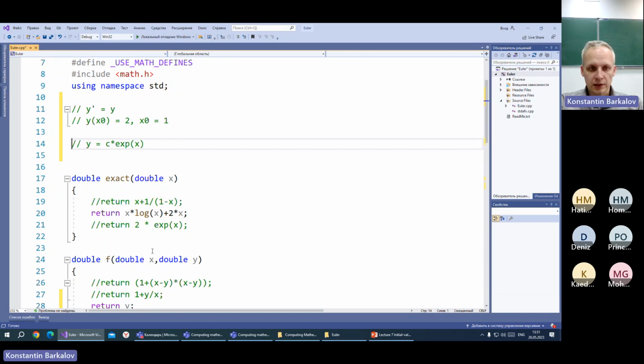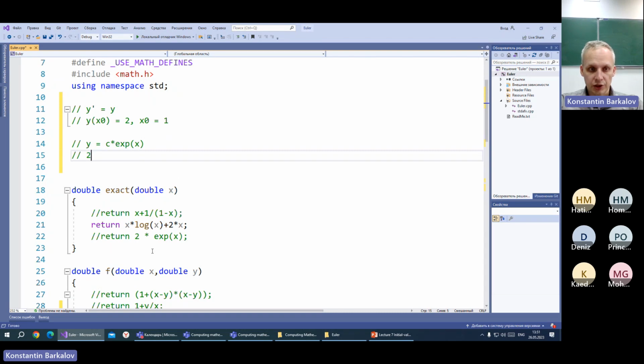And if we know the initial condition, we can substitute it here and find c. Sorry, let's take x0 not 1, but 0, just for simplicity. If we take x0 equals 0, then we have this equation from which we can find the coefficient c: 2 equals c times e power 0.